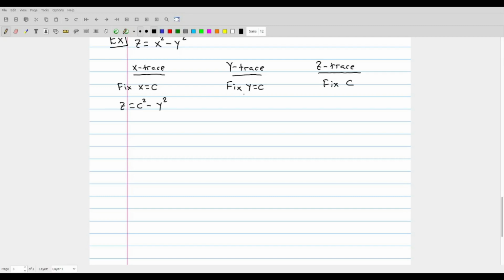When we fix values of y, we get the equation z is equal to x squared minus c squared. And when we fix values of z, we get c is equal to x squared minus y squared.